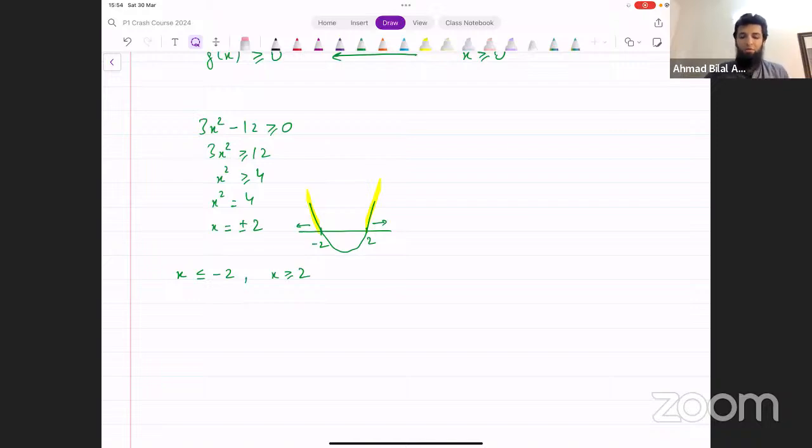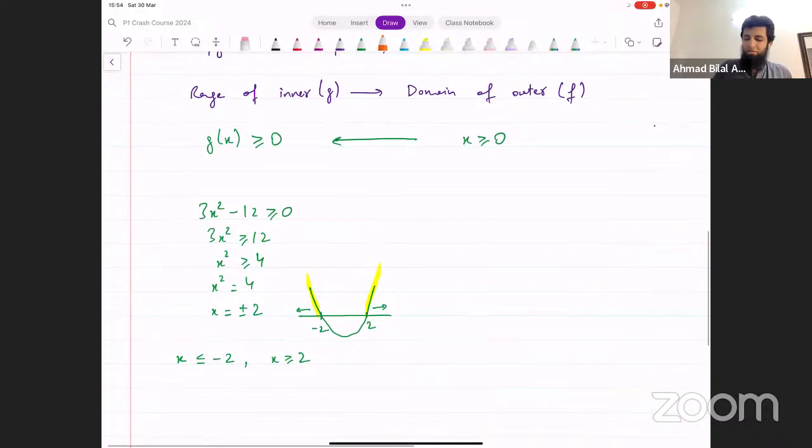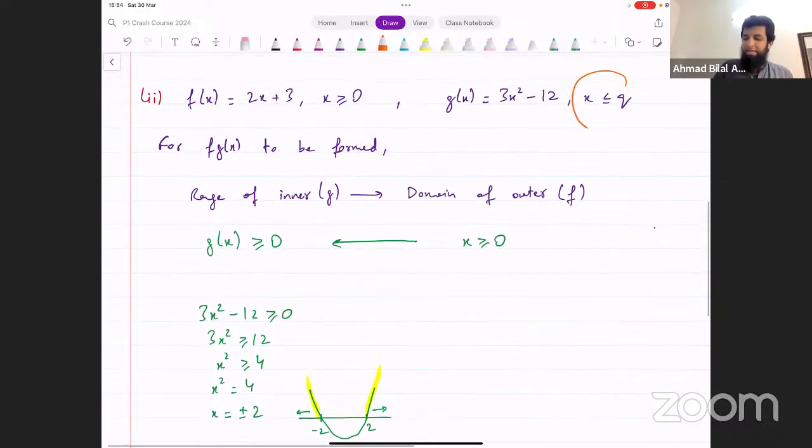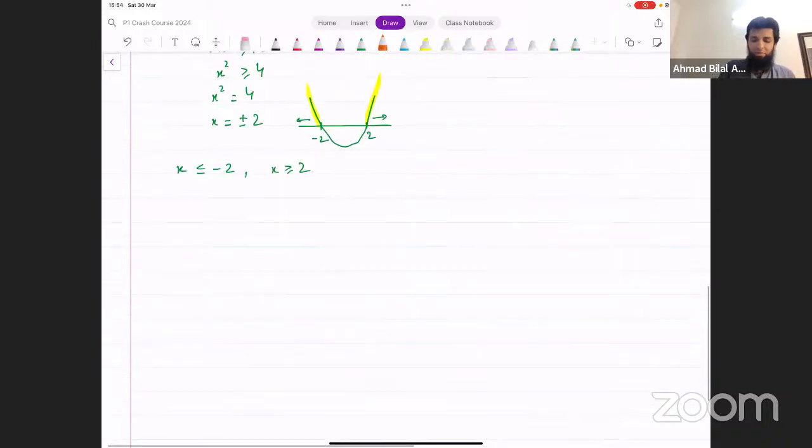So we get either x less than or equal to -2 or x greater than or equal to 2. Now, what's the domain that they have given in the question? x less than or equal to q. That's what they had given us. Let's compare it with that. So which one of these two is possible? The right one does not have any maximum value, right? That's going up to infinity. That's not the one that they're using.